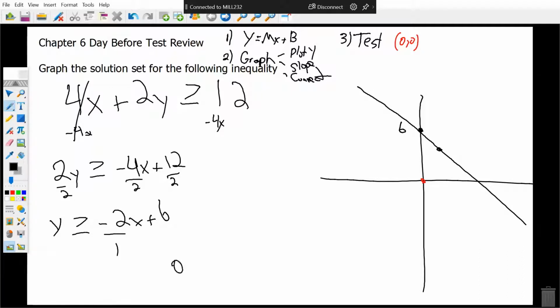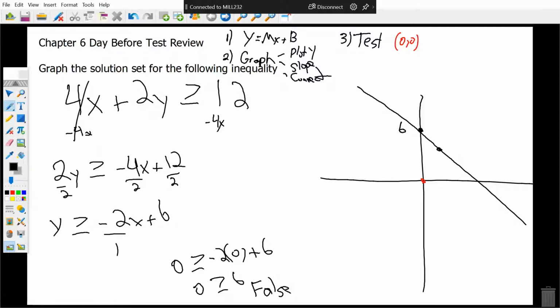So I will get 0 is greater than or equal to negative 2 times 0 plus 6. Negative 2 times 0 is obviously 0. 0 is greater than or equal to 6. Is 0 greater than 6? No, it's not. So this was false.